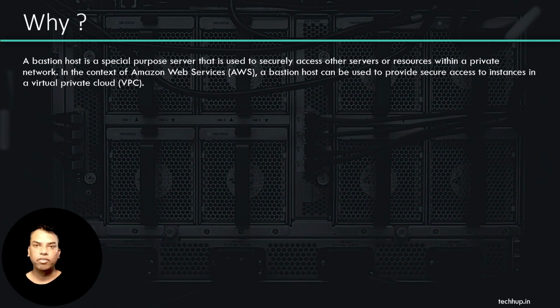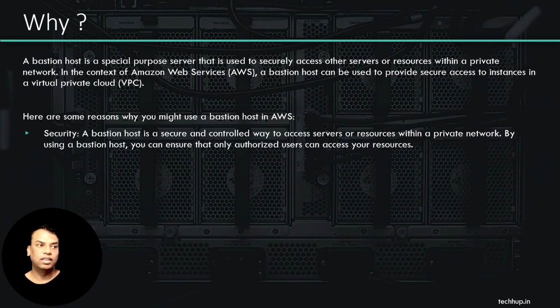In the case of AWS, this private network is a private subnet that you have as part of your VPC. Some other reasons we use a Bastion host is that it is a secure and controlled way to access the servers or resources in your private subnet.